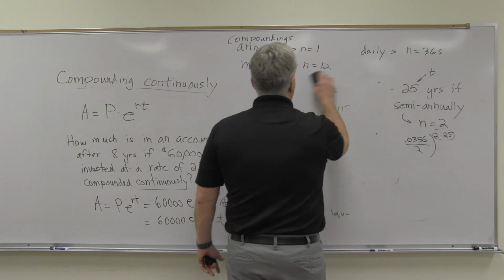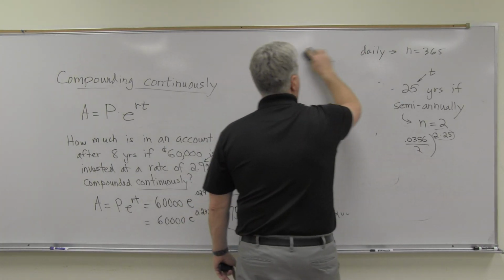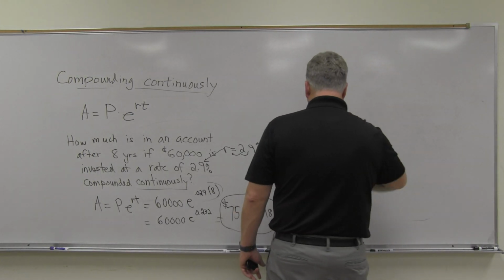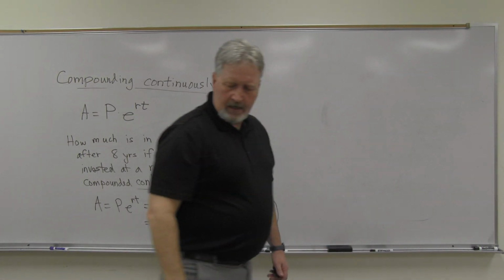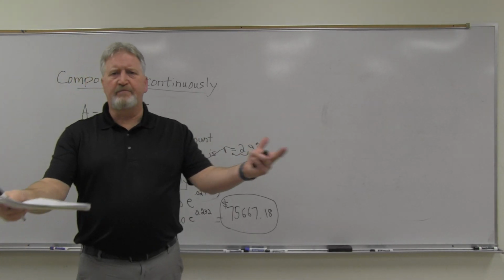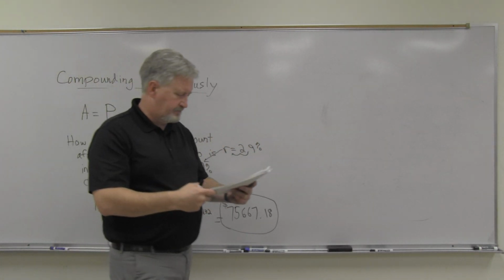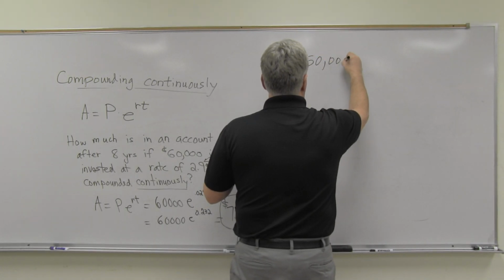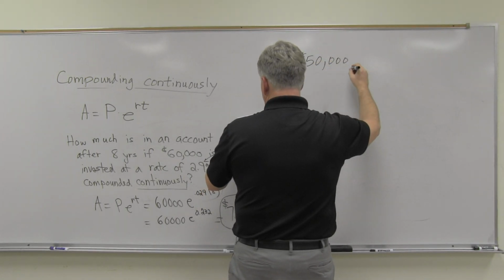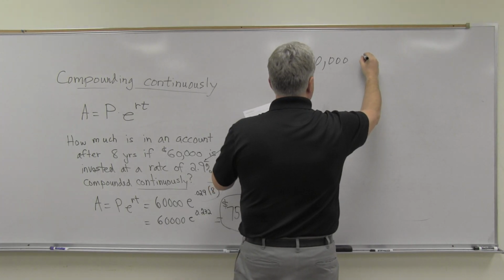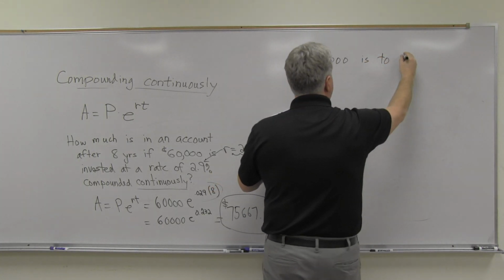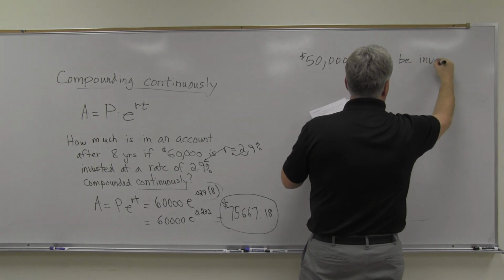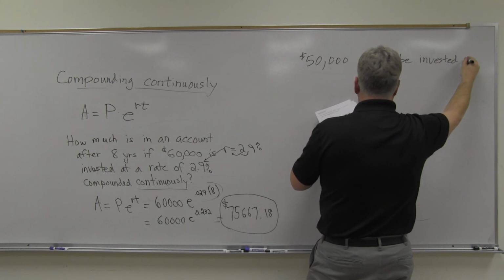All right, so let me do one more of those here. One of the other things they do is have you compare two plans at one time. $50,000 is to be invested. We have two options, a little something different on each one.